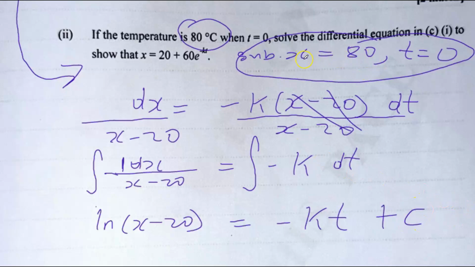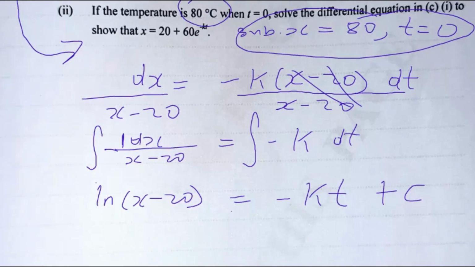And now we can substitute. We know that when x is 80, t is 0. So substituting 80 for x gives ln of 80 minus 20, that's ln 60, and t is 0. So we just have c. k times 0 is 0, so c is ln 60.